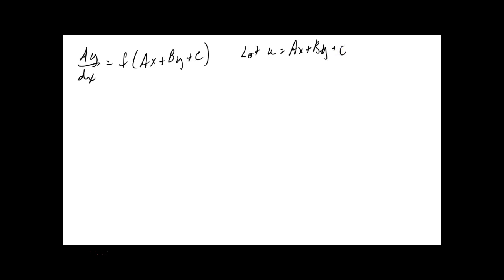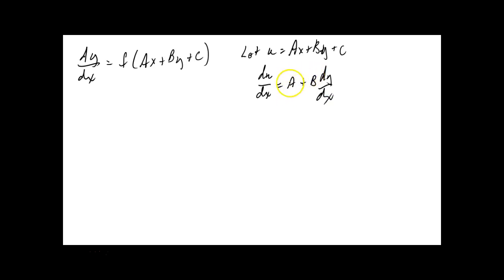So let's see what we've got then. Let's see what this gives us. If we take d/dx of this, that'd be du/dx equals a plus b dy/dx, with nothing for c. C is a constant, right?